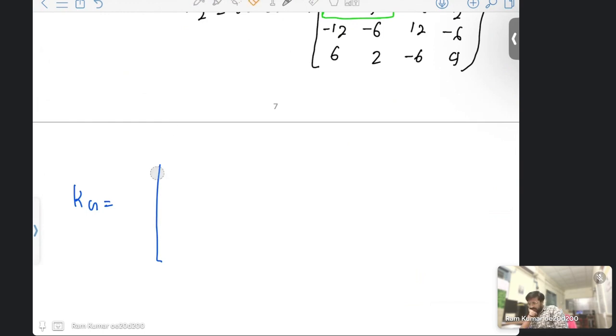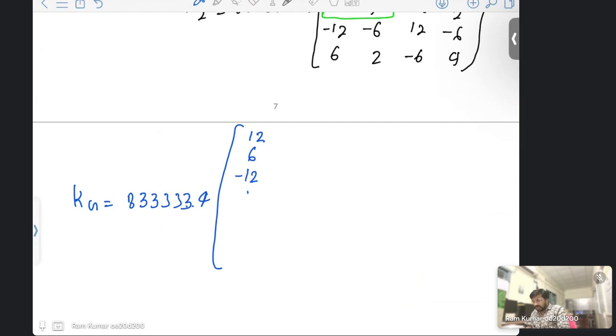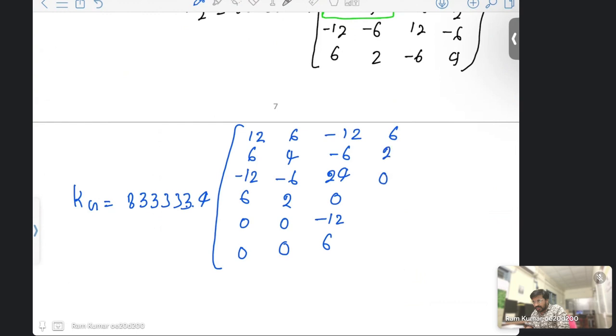Then similar, 8, 4, and 12 6 minus 12 6 0 0, 6 4 minus 6 2 0 0, minus 12 minus 6, 24 0 minus 12 6, 6 2 0, 8 minus 6 2 0 0 0 0, minus 6 12 minus 6, 6 2 minus 6 4.